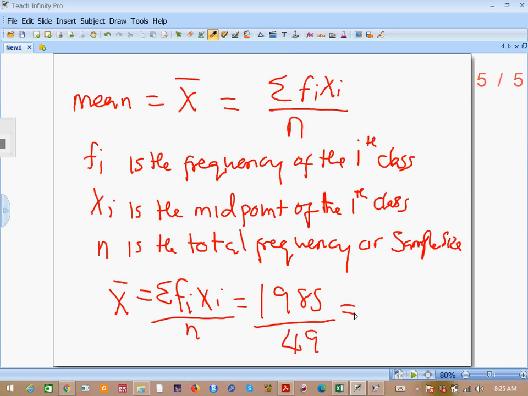And that gives us 40.51. Okay, so that is our mean.